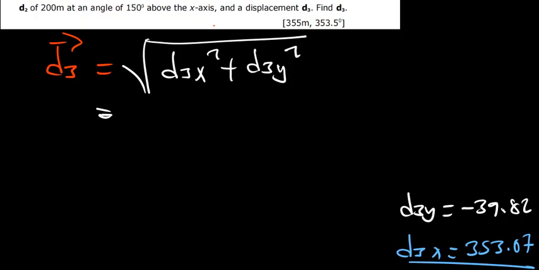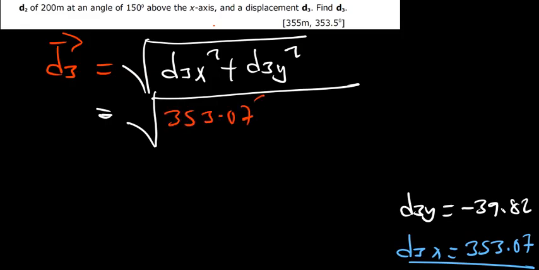So now if I put the values inside here, I have got my D3x to be 353.07 squared plus negative 39.82 squared, like that. If I square here, the negative will not have any effect, because if I square the negative, I'll get positive.